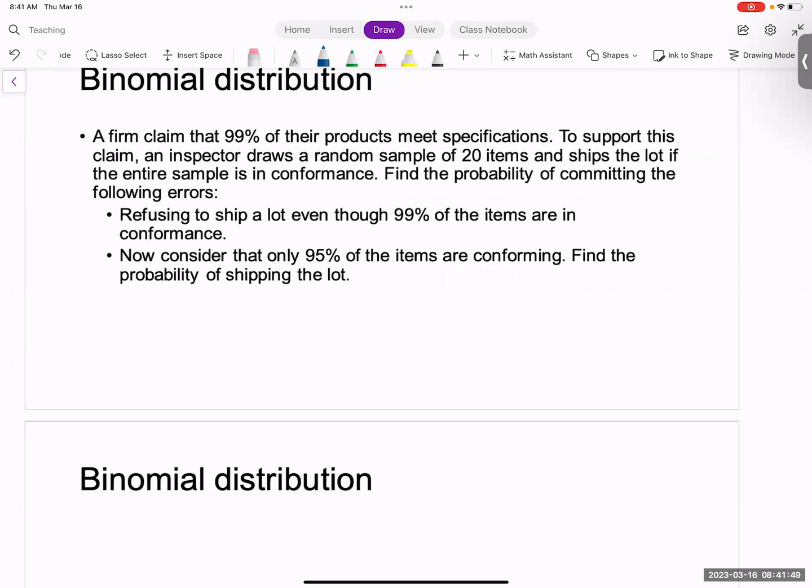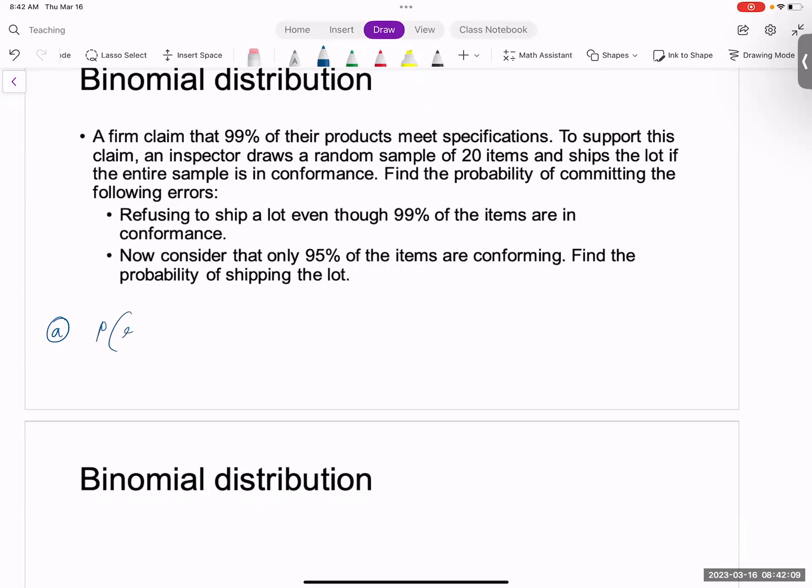And in future chapters, you'll see that there's a specific name for it. We call it type 1 error, right? So let's not get lost in type 1, type 2 errors right now, but just focus on the problem. When we get to chapters 3 and 4, we'll return and talk about this.